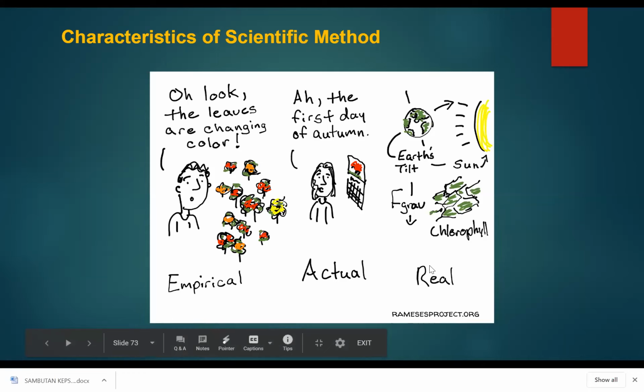You can see also thinking about reality. The reality, for example here, ini musim gugur. Kenapa? Karena perubahan apa? Bumi yang berputar. Sekarang musim gugur. Because the world is rotating, so now it is autumn.